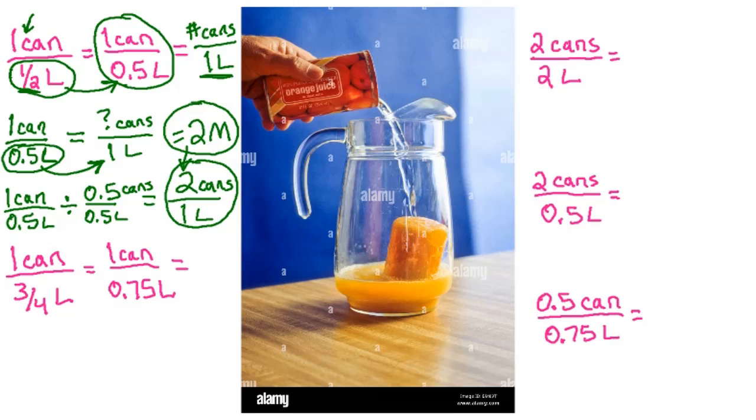We have 1 can in 3/4 of a liter. Well, we can't use fractions. In chemistry we use decimals, so that 3/4 of a liter comes out to 0.75 liters. And we have 1 can for every 0.75 liters of water. So we just need to have this 1 over 0.75, and we need to divide the top and the bottom by 0.75.